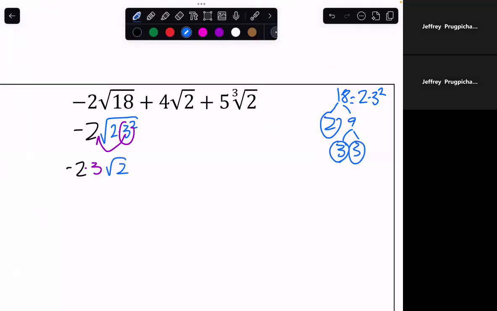So this part becomes -6 radical 2. In the middle, square root of 2. 2 is a prime number, so you can't split it up further. And at the end, 5 cube root of 2. Again, 2 is a prime number, so you can't split it up further.